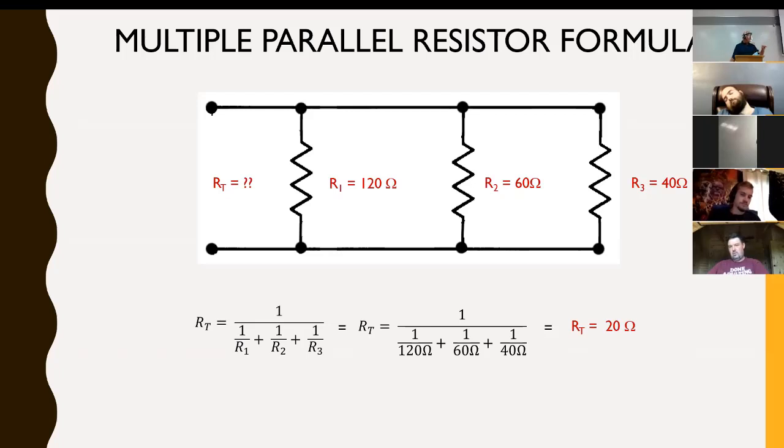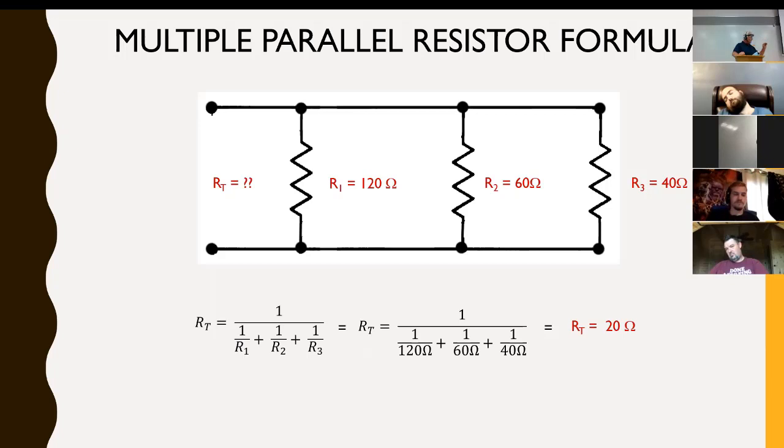And so all of those ones there, if you look at R total, look at the bottom, the denominator, I've got 1 over R1. So I'm looking at the conductance of R1, the inverse of the resistance of R1, plus I can combine the conductances. I just can't combine the resistances.